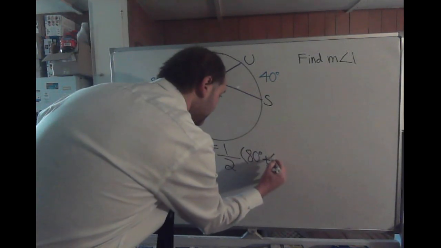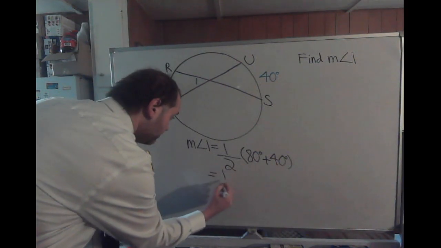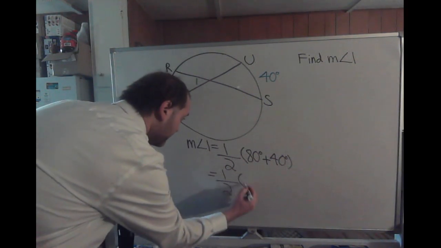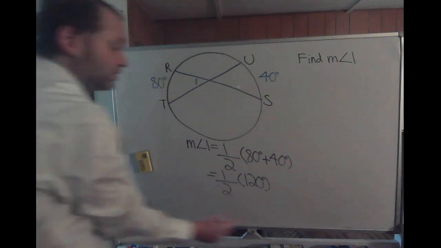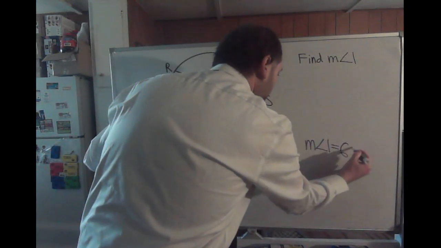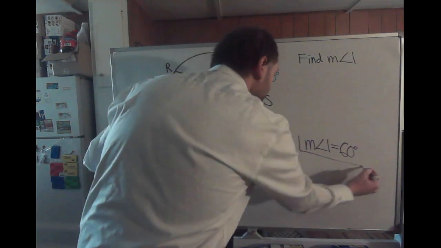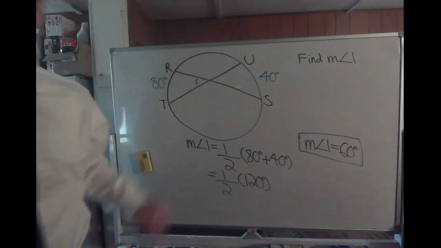So half of 80 plus 40, which of course would be equal to half of 120 degrees, which then, as we know, half of 120 is 60. So the measure of angle 1 in this case would be 60 degrees, half of the sum of the two intercepted arcs.